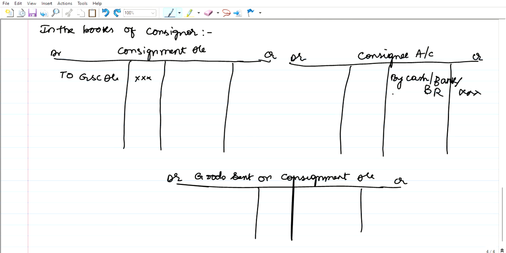Okay, cash and bank account to consignment account, and the third journal entry is for the expenses in the consignment: consignment account to cash and bank account.